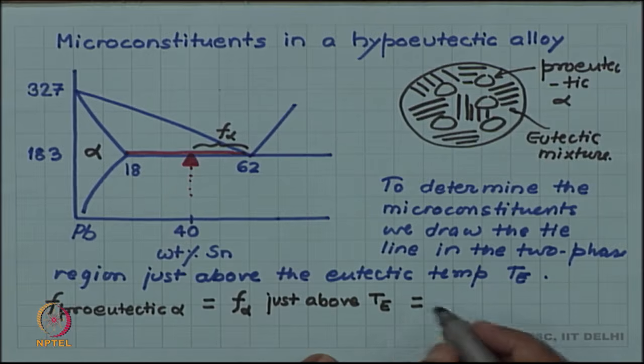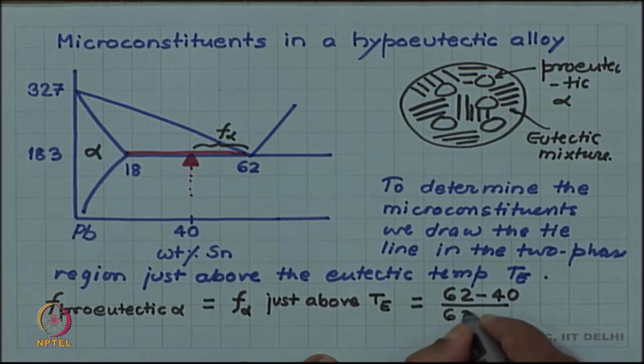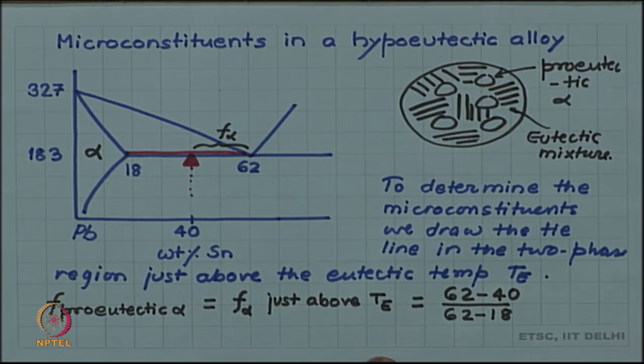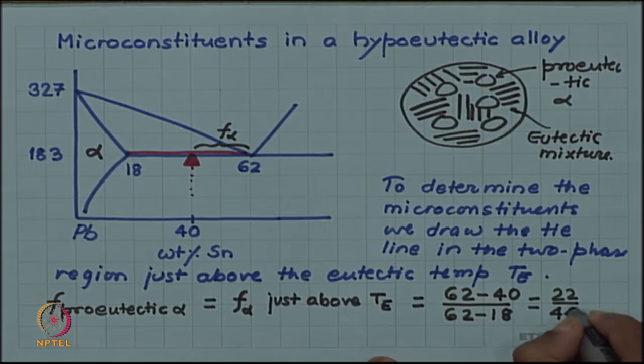So, that in our diagram is 62 minus 40 divided by 62 minus 18. Happily it comes out to be nice numbers. So, this is 22 by 44, it is exactly 0.5.